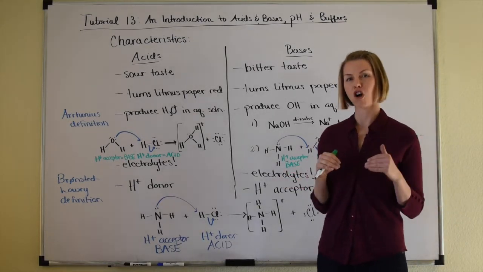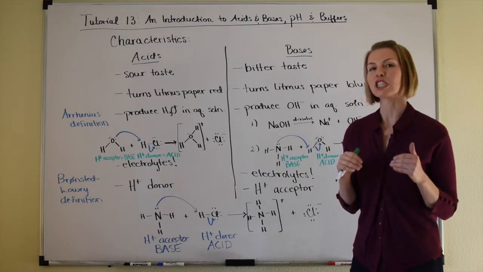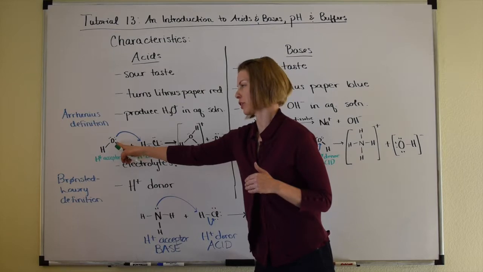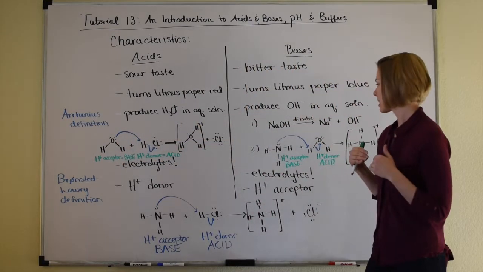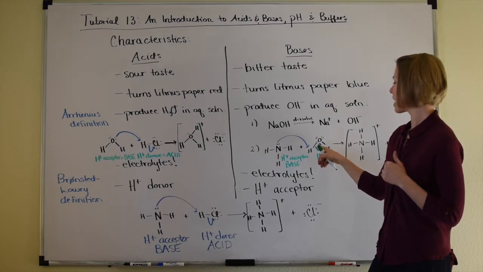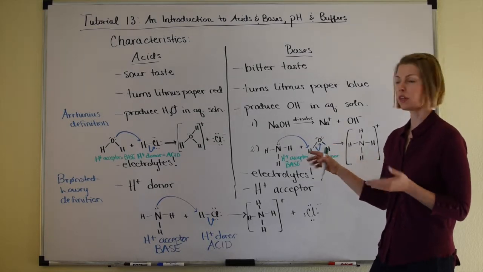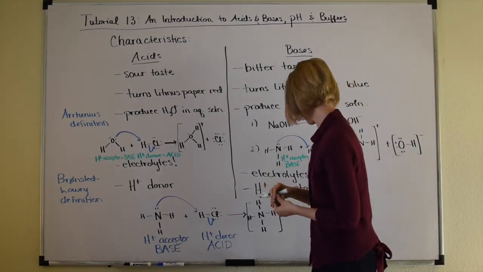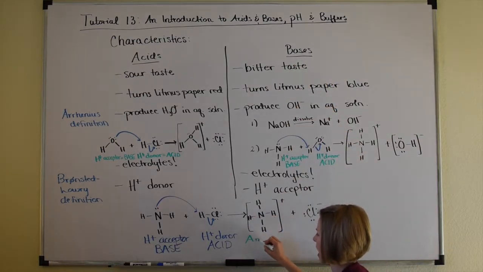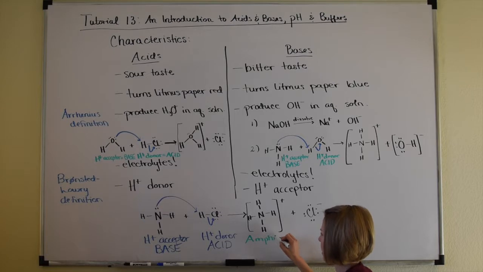In the presence of a stronger acid, it's going to be the H plus acceptor. In the presence of a stronger base, water is going to behave as the H plus donor. So let me write that. Let me just write the definition of an amphiprotic substance.